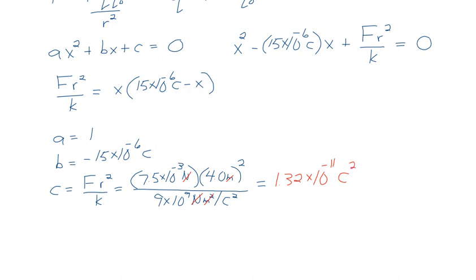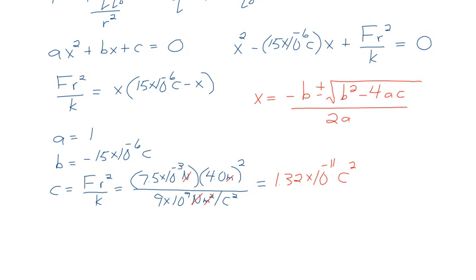So now that we know the A, the B, and the C, we can plug into the quadratic formula. I'll write it over here since I have some room. X equals minus B plus or minus the square root of B squared minus 4AC all over 2A. So that's your quadratic formula.